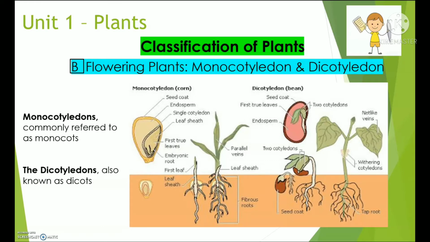Okay, so if you are there, on page 10, we will talk about another classification of plants, which is in part B, flowering plants, Monocotyledon and Dicotyledon. Everybody repeat after me. Mono, coty, ledons.